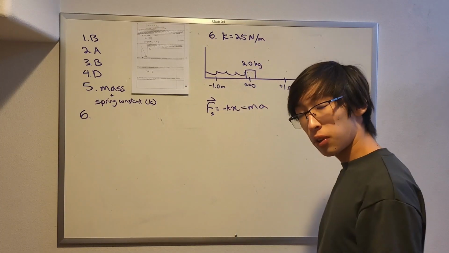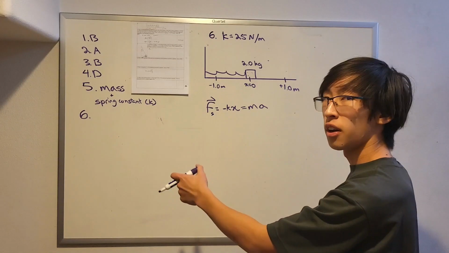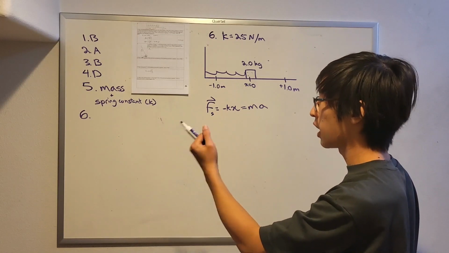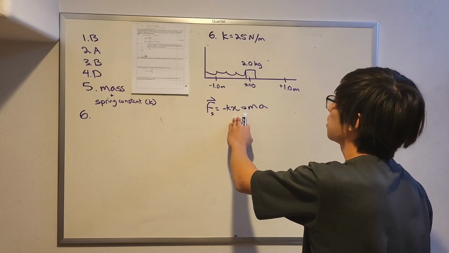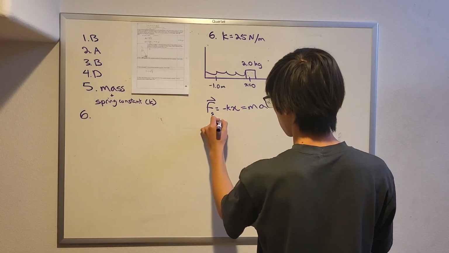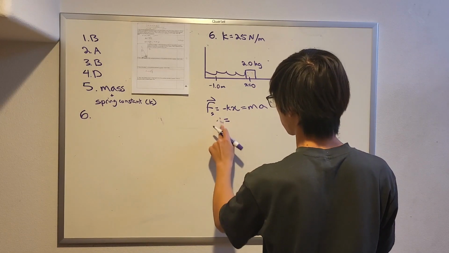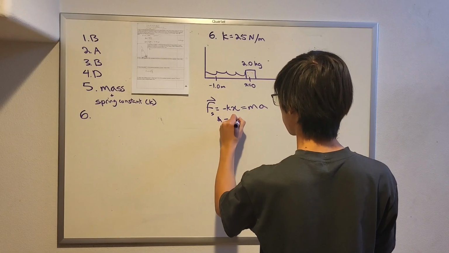If you remember from the first side, using our 3 derivatives, s of t, v of t, a of t, you can remember that the maximum acceleration is at the very ends, which is 1 meter. So we're going to get that x equals 1 meter, or A is equal to 1 meter.